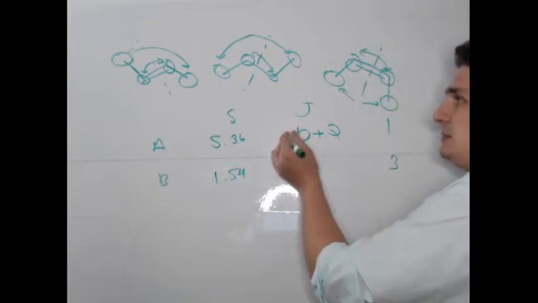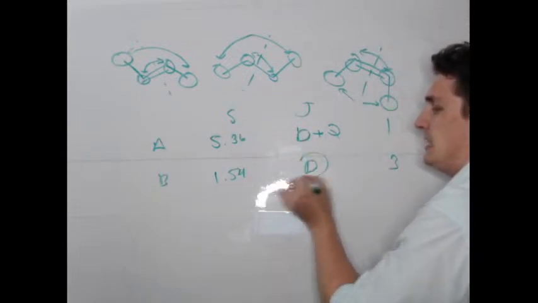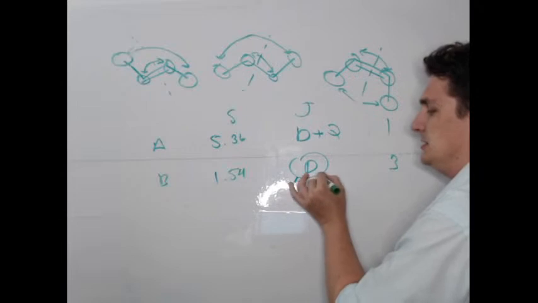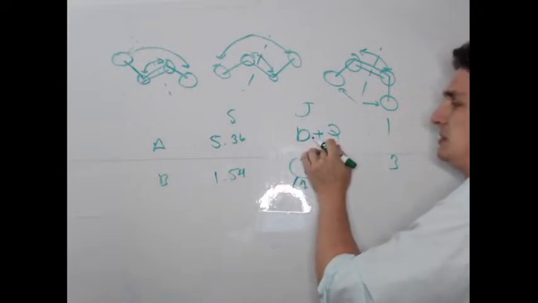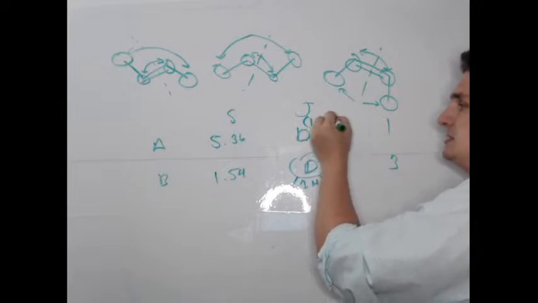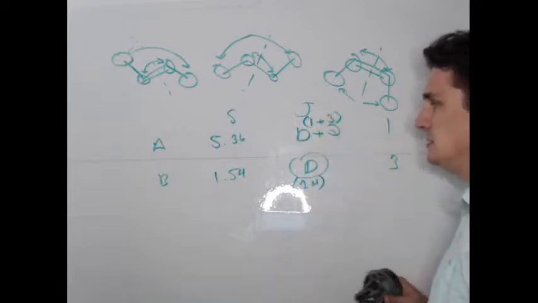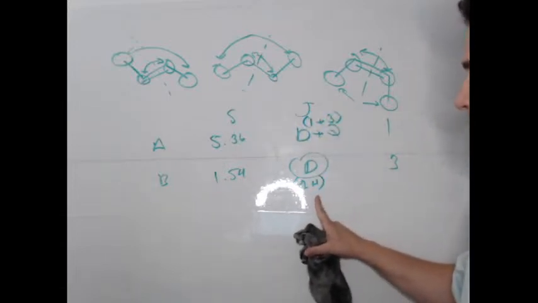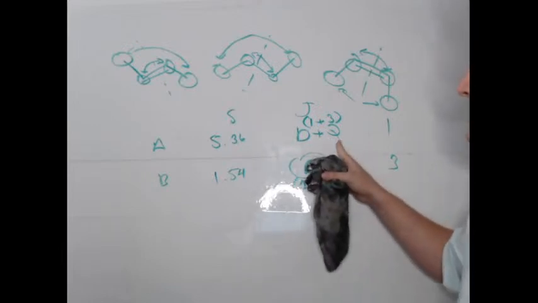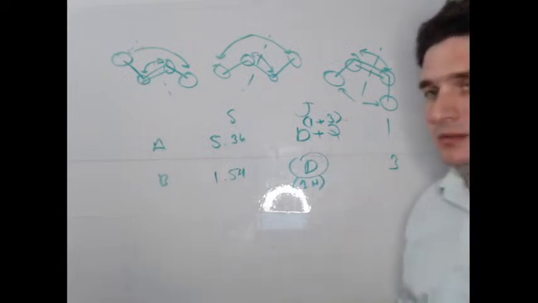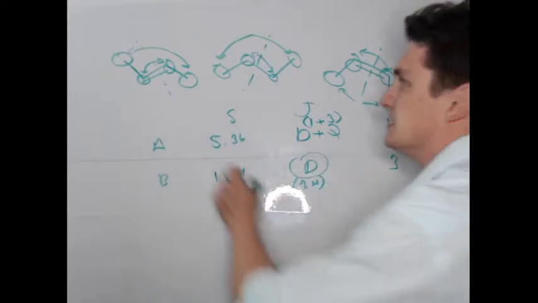Well, let's look at the J coupling. If we have a doublet, that means that we have 1 hydrogen next to this hydrogen. And if we have a doublet plus a quartet, it means that we've got 1 next to it, and then we've got 3 next to it. So we're looking for a molecule where one set of hydrogens only has 1 hydrogen next to it, and the other hydrogens have 1 next to them and 3 next to them. So they have hydrogens on opposite sides.